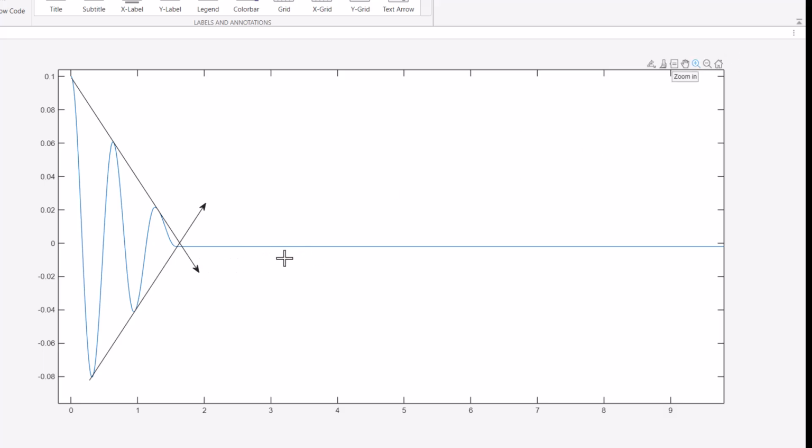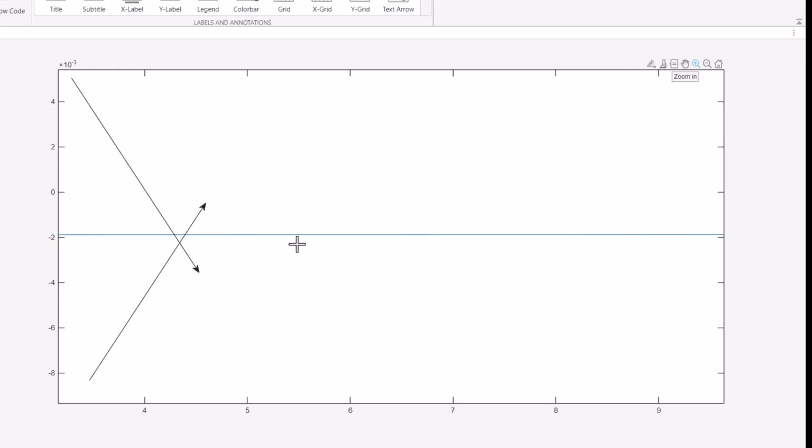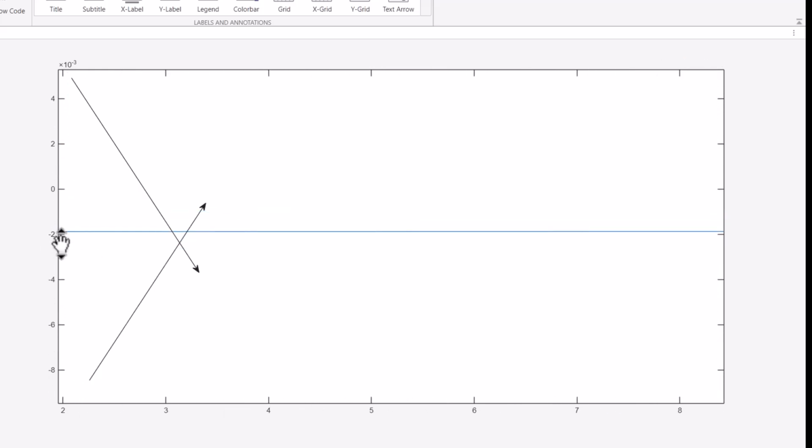Also, you can see the mass is going to stop oscillating at some point. When it reaches this value, -2 times 10 to the power of -3, it is going to stop moving. This is opposed to the viscous damping example, when the oscillations were going on, theoretically, forever and ever. But in Coulomb damping, at some point, the mass is going to stop vibrating.